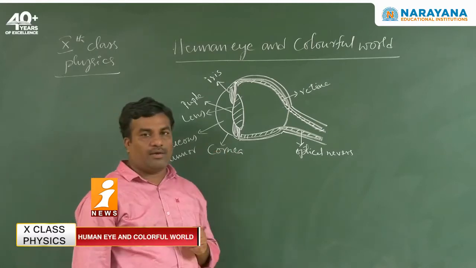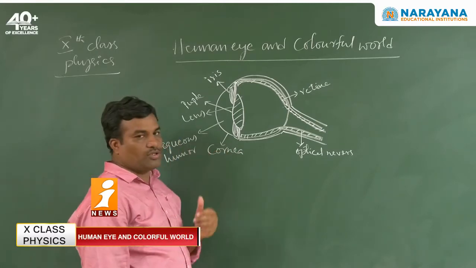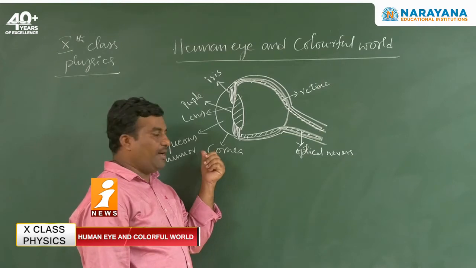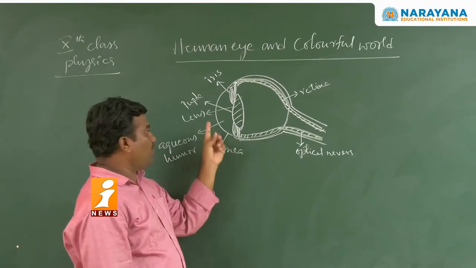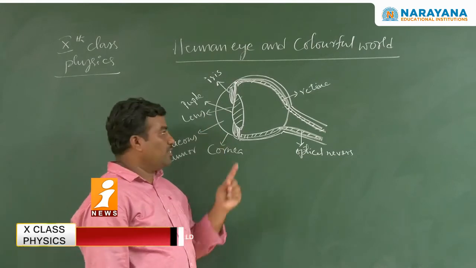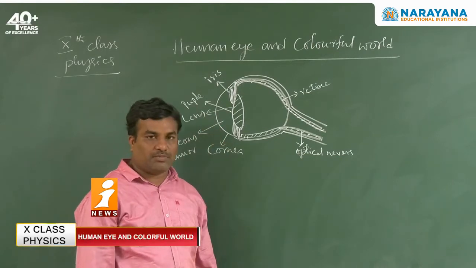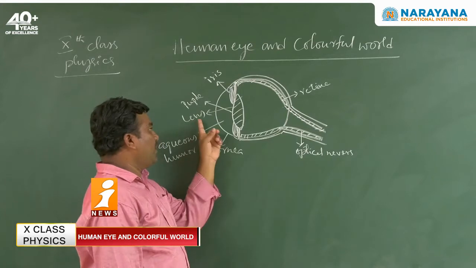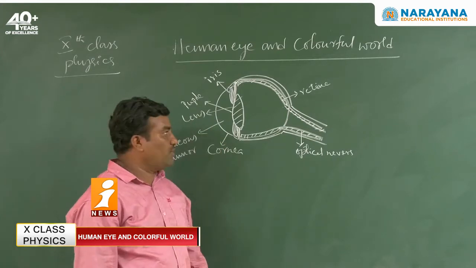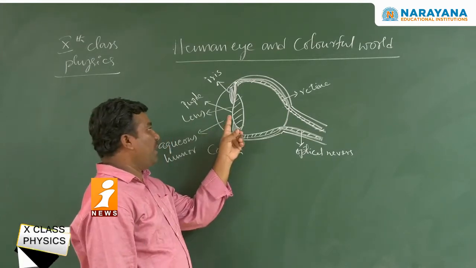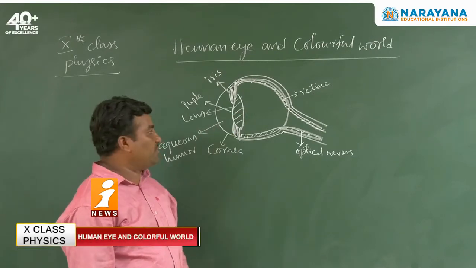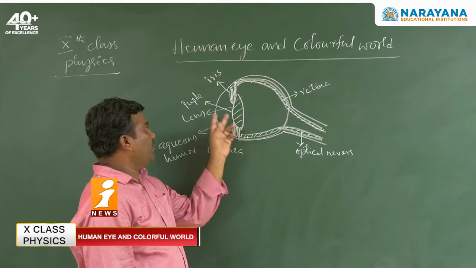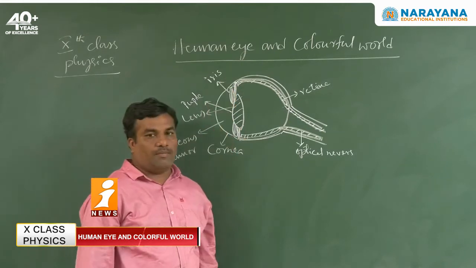Behind the cornea we see aqueous humor, a liquid, and behind the aqueous humor is the lens. The lens is mainly responsible for forming images.